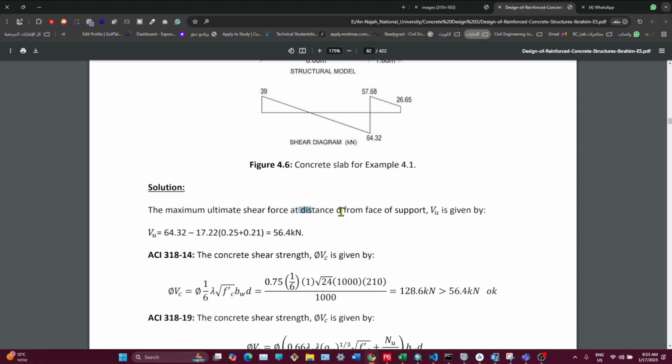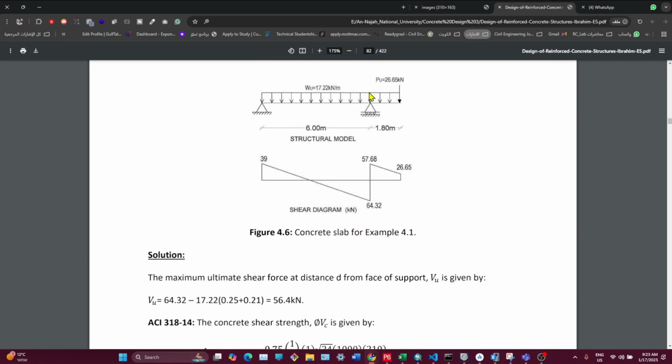This is just an allowance distance to take the shear, so it will be less according to the ACI code. The ACI code tells us that you can take the shear force V ultimate at distance d from the face of support. V ultimate, therefore, would be the larger value, and it would be in here.